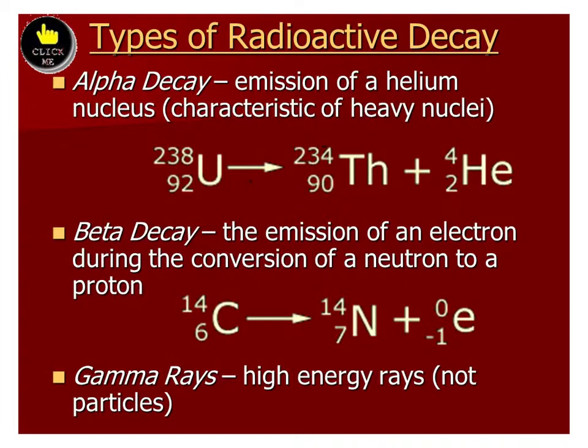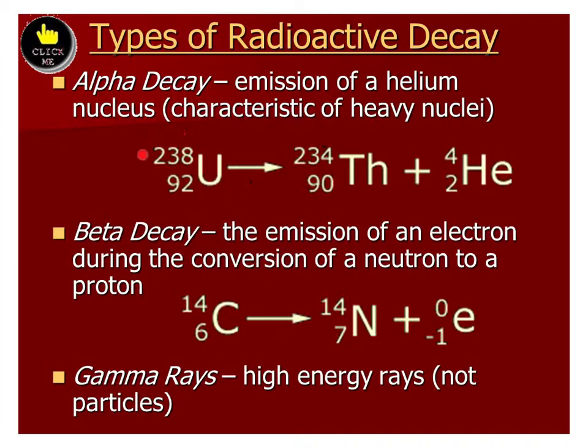The first type of decay is called alpha decay, and it's when we emit a helium nucleus. Not a helium atom, a helium nucleus, so there are no electrons being emitted. This is coming from the nucleus, so the nucleus is emitting a helium nucleus.